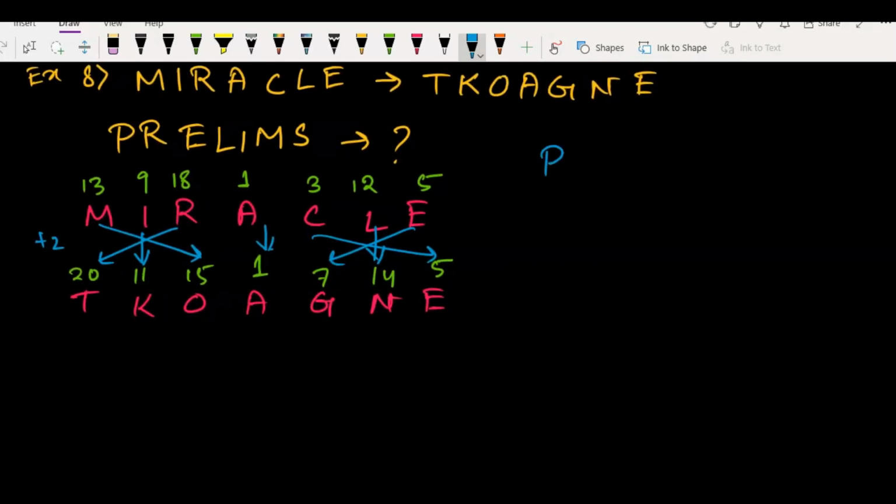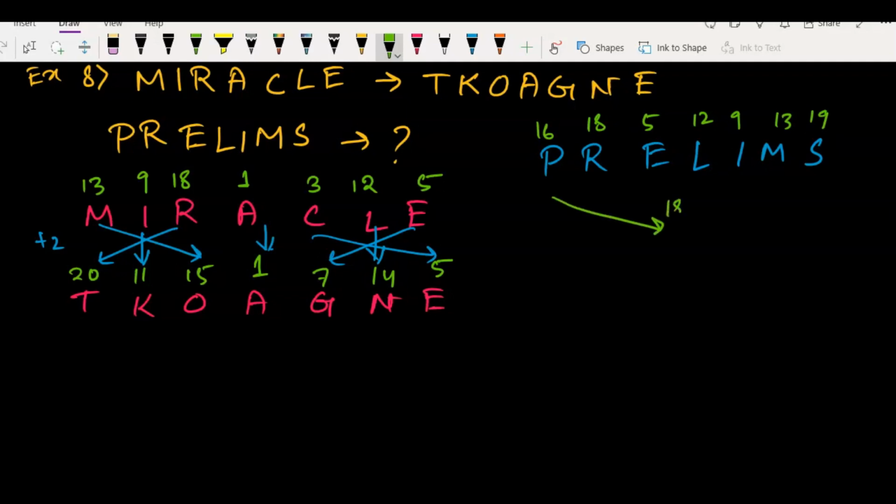Then we have PRELIMS. So P is 16, R is 18, E is 5, L is 12, I is 9, M is 13, and S is 19. And it will go plus 2, cross pattern with plus 2. So 16 plus 2 is 18.